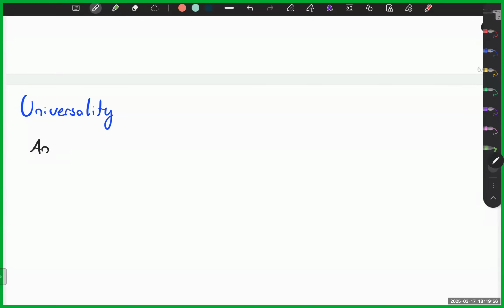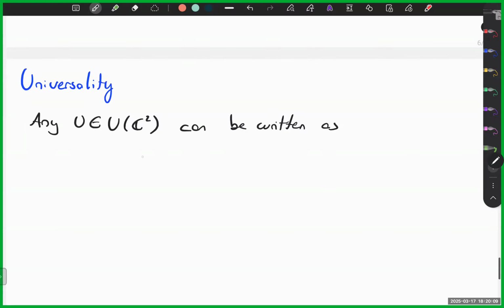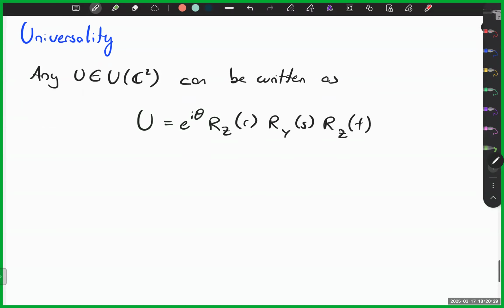The first one is any 1-qubit unitary can be written as the composition of the rotation operators as such. Let's say I'm taking this as a fact.